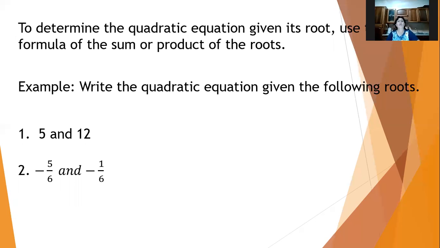Example, write the quadratic equation given the following roots. For number 1, we have 5 and 12. And number 2, -5/6 and -1/6.